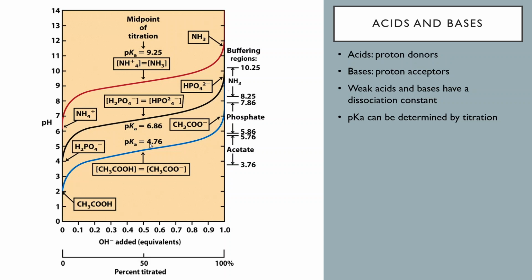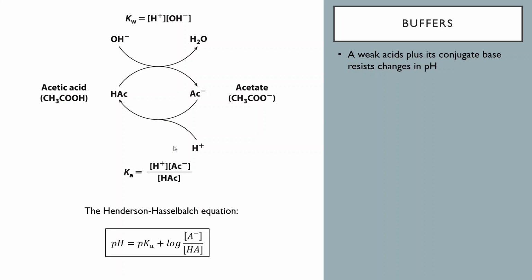And so, again, every weak acid has one of these constants, and if you want to make a buffer that has a certain pH, you just find one that has a pKa close to the pH you want to buffer at. And at any given time, you can use the equilibrium constant.